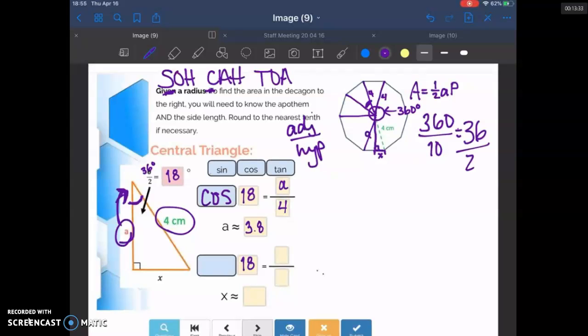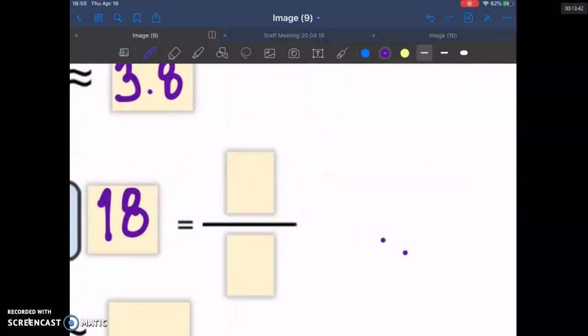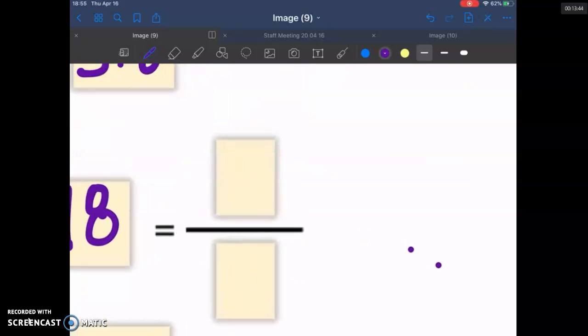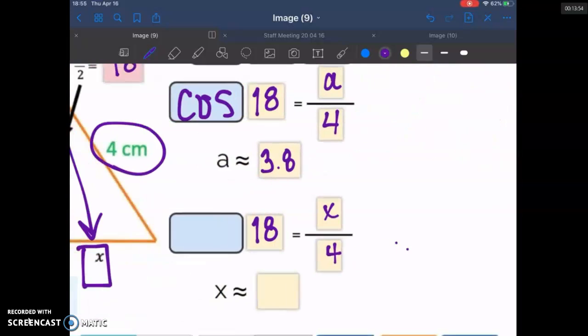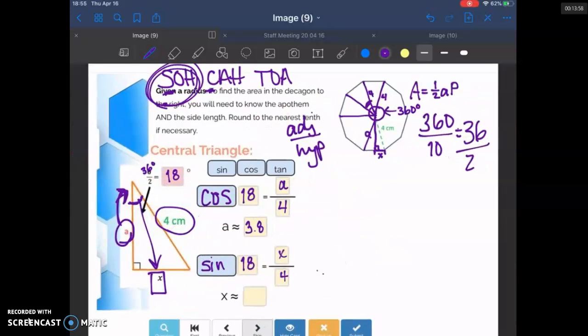Now, we have to do the same thing to find x. X is opposite that 18-degree angle, so we're still using our hypotenuse. This becomes opposite over hypotenuse, which is sine. So sine of 18 equals x over 4.